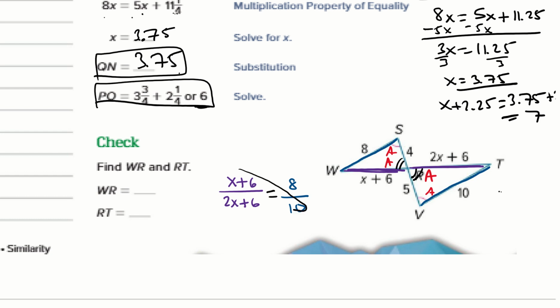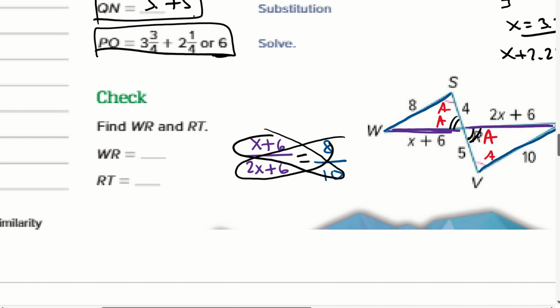And so we can cross multiply and solve. So we get 10 times x plus 10 times 6, which is 60. 8 times 2x, and then 8 times 6 is 48.